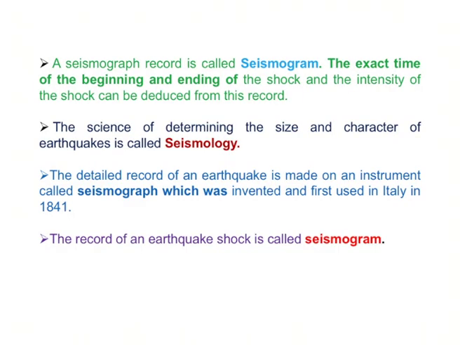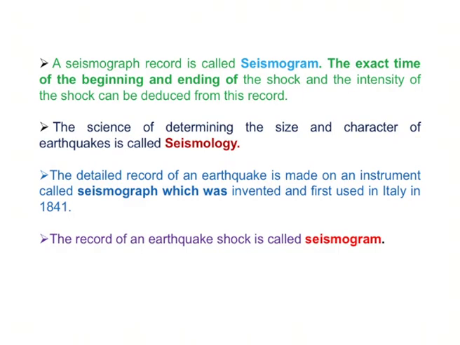The graph paper was fixed with that. While the stand moves, the pendulum will move front and back. Then automatically graph-like structures will be made on that paper. So it is associated with a graph, and the graph gives the information of seismic waves.